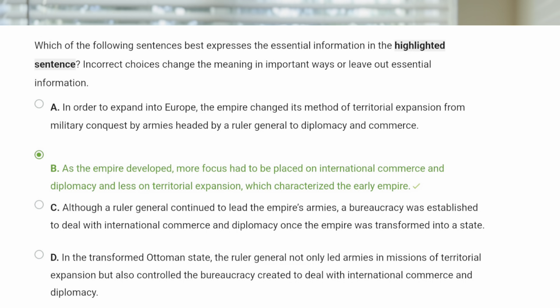So the correct answer is actually B, because the information has been stated and explains how they have changed their focus from territorial expansion to international commerce, business and other trade things. So this is the right answer.